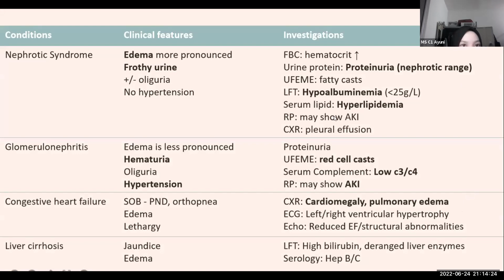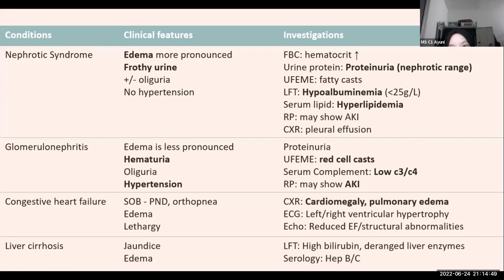in nephrotic syndrome, the clinical features, the edema is much more pronounced compared to other diagnoses. So the patient can have proteinuria, or can also have oliguria, especially in a hypovolemic patient. But usually there is no hypertension in this patient. So what we can expect in investigation, the patient might have increased hematocrit because of hypovolemia causing hemoconcentration.